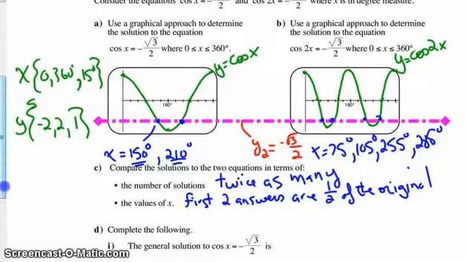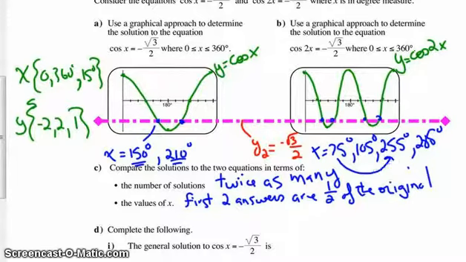But the other thing we notice too is when you compare 75 to 255 to get your next set, well, that's only 180 degrees, right?